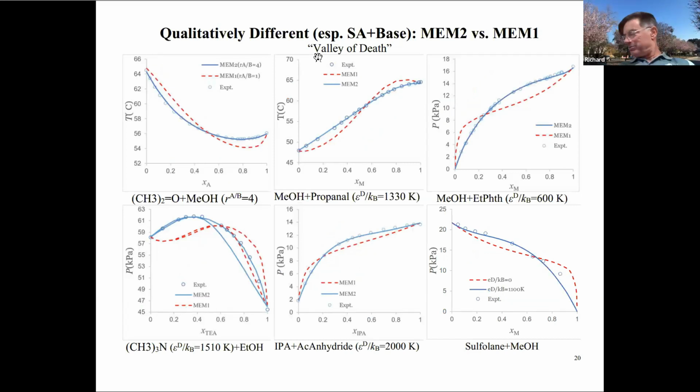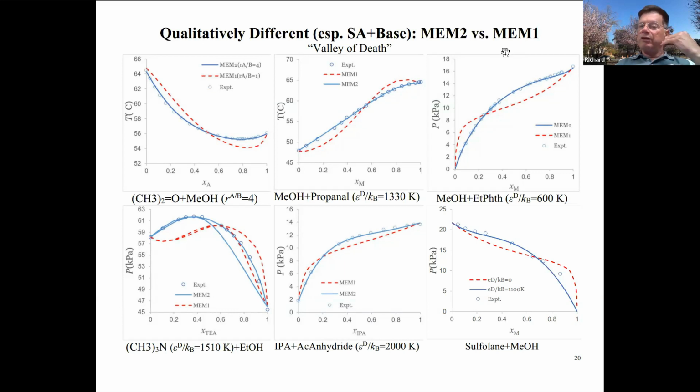One other point I want to make, and I'm getting very late here, I know that, is that sometimes when you're developing a new theory, you add a feature and that fixes a lot of the problem. So for instance, MEM1 was able to explain a lot of mixtures like oil and water, okay? And did a much better job.